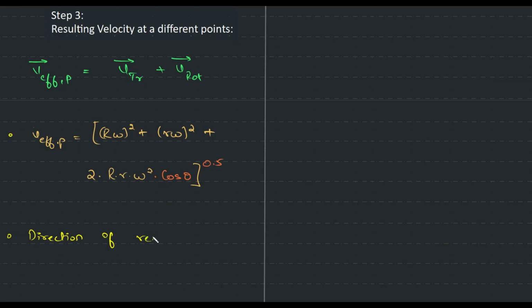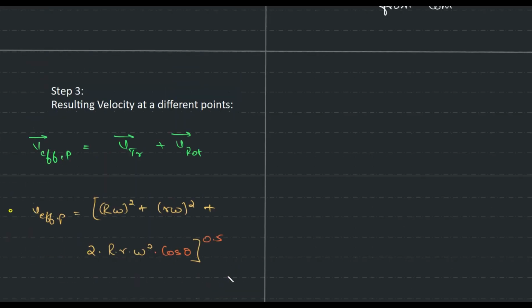Direction of your resulting velocity. It will be perpendicular to the line joining points B and P. Okay, point B is this.